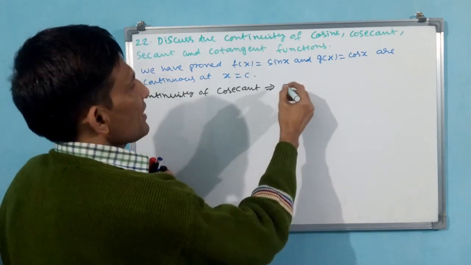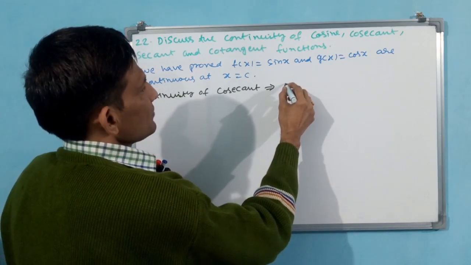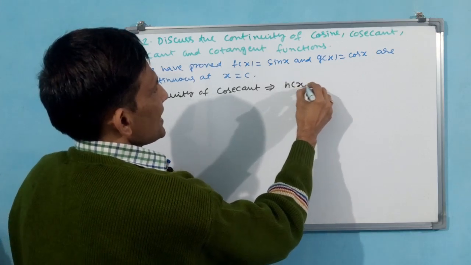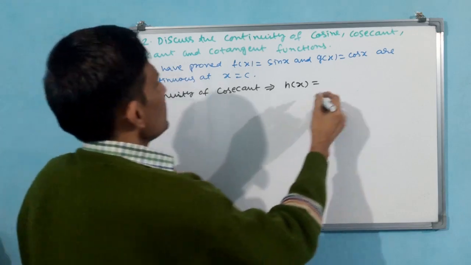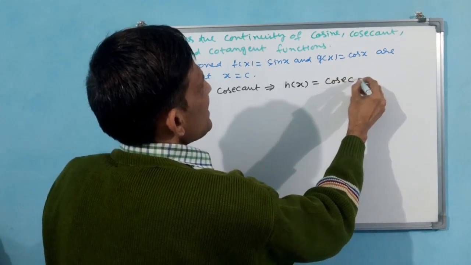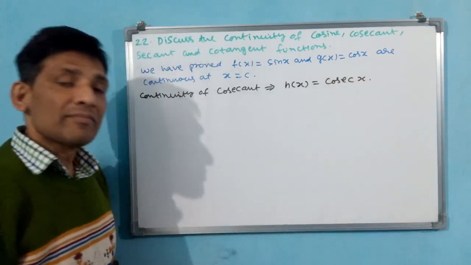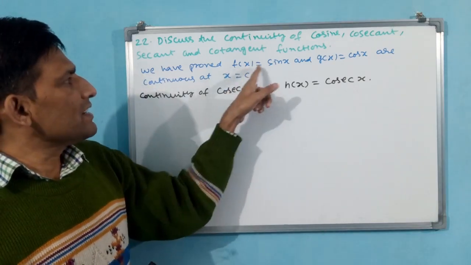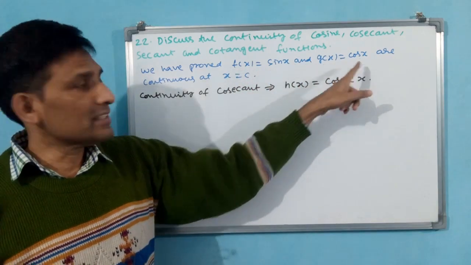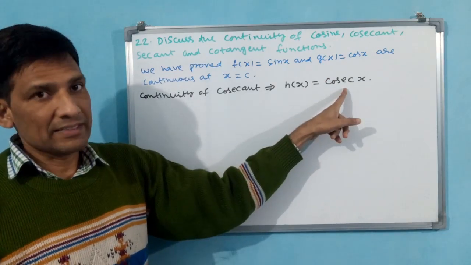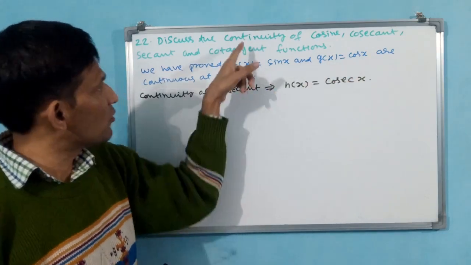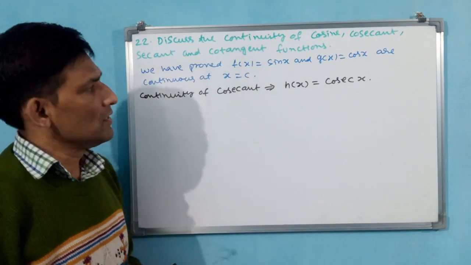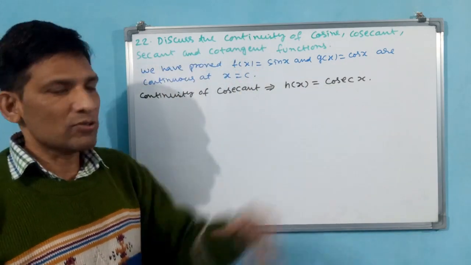I am taking h of x equal to cosecant x. Is it correct? Definitely correct. Why? Because I have already taken f(x) is sin x, g(x) is cos x, then I will take h(x) as cosecant x. Now with these only I am going to prove all these: cosecant, secant and cotangent, that means cot. That is why I have taken h(x) equal to cosecant x.